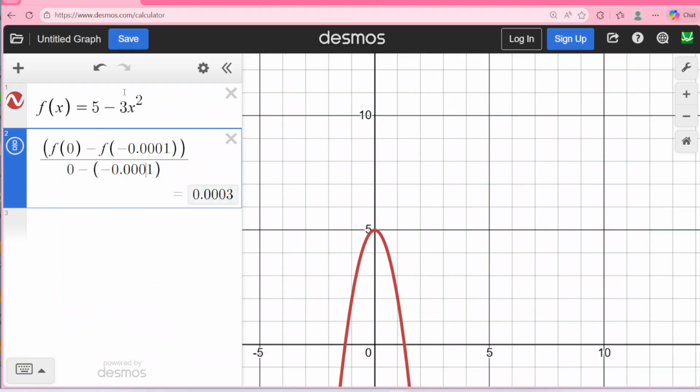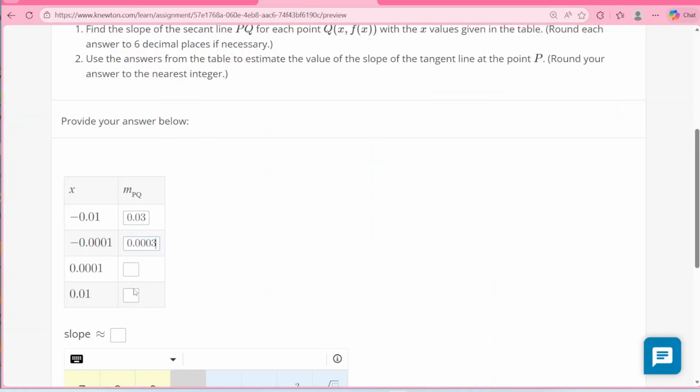So back to the calculator, I'm just going to change this to positive 0.01 and then this to positive 0.01. As long as those differences are taken in the same order. And now you see a line with a slope of negative 0.03. All right, so that's going to go down here with 0.01. The slope of the secant line is negative 0.03.